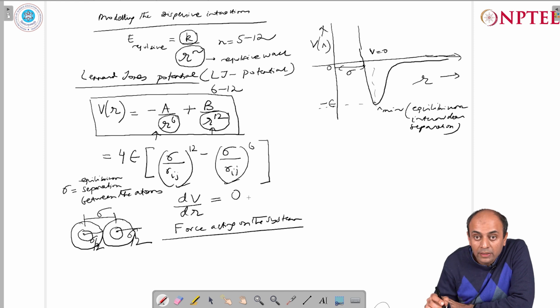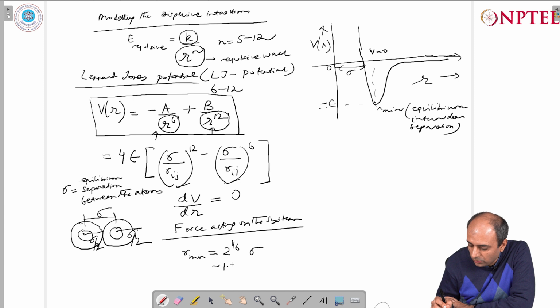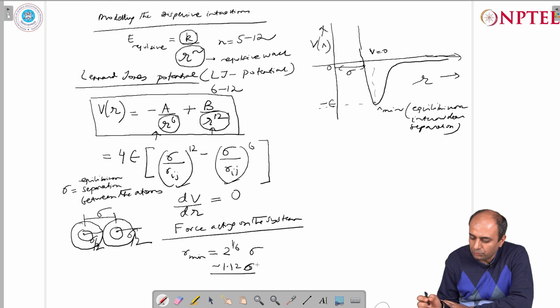And when you equate this to 0, you get R min as 2 to the power 1 by 6 sigma, which is approximately 1.12 sigma.